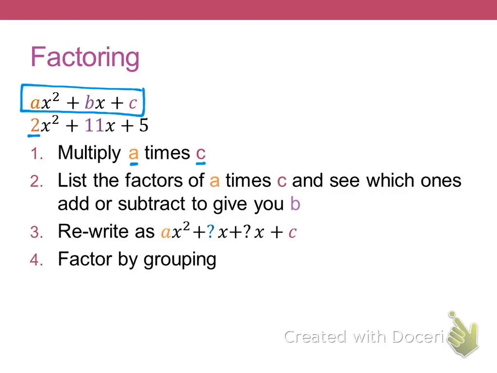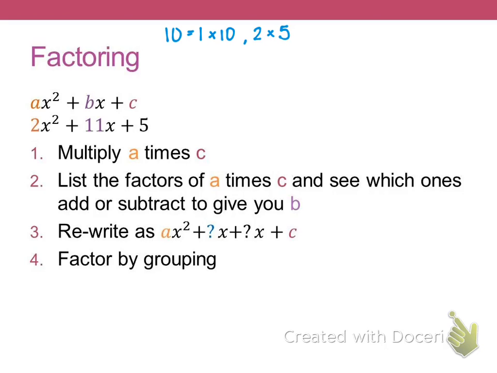So let's look. In this equation, A is 2 and C is 5. So let's multiply them together. 2 times 5 is 10. So I'm going to write the factors of 10. The factors of 10 are 1 times 10 and 2 times 5.